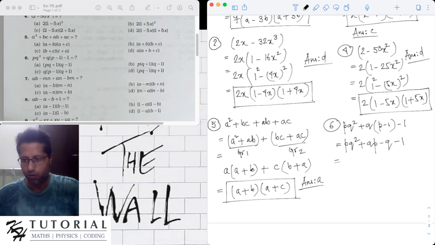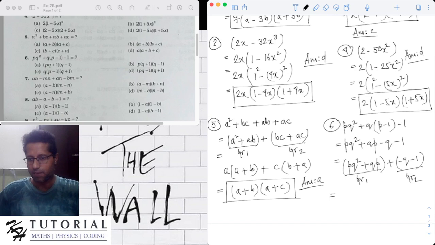You can form the groups by taking the first two terms as the first group, and the third and fourth terms, the last two terms, form the second group. So this is group 1 and this is group 2.